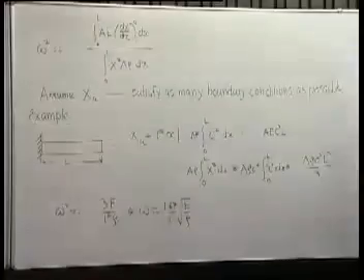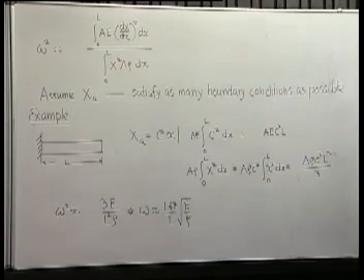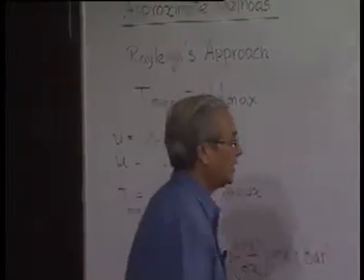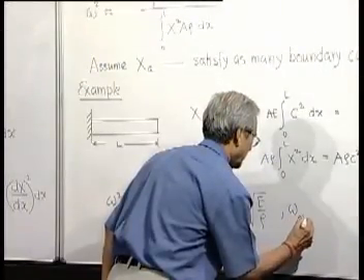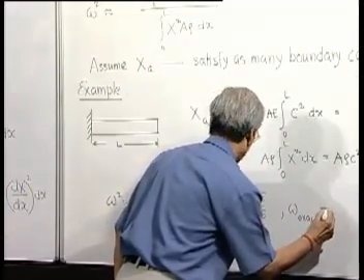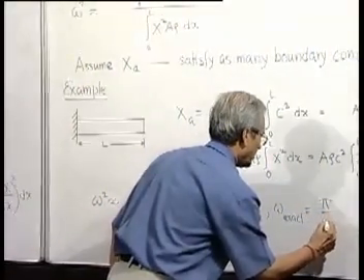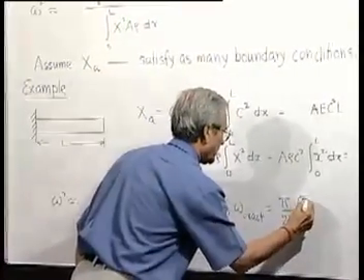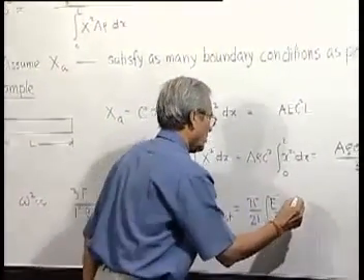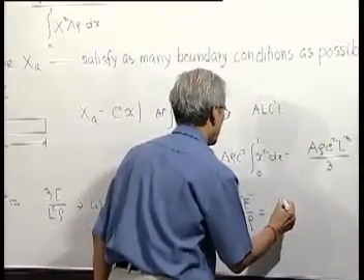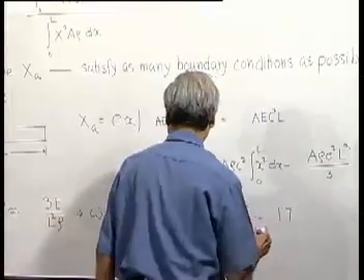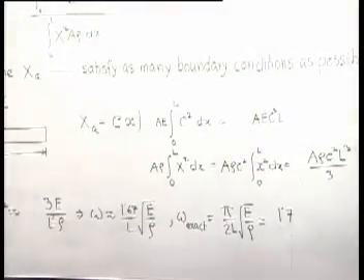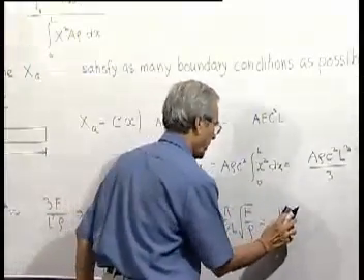If you look into the exact value we found, we have solved it already, it is equal to pi by 2L square root of E by rho, which is equal to 3.14 over 2, that is 1.57.